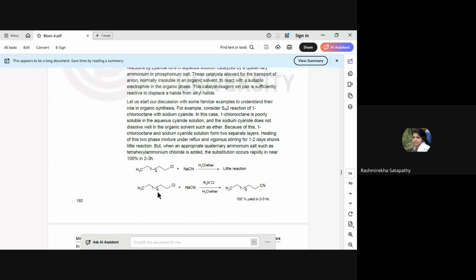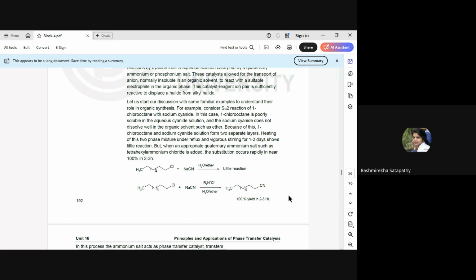You can see here, this is the compound. When it is treated with NaCN in water and ether, little reaction happens. This compound, when treated with sodium cyanide in the presence of a tetraalkyl ammonium salt, ammonium chloride, gives 100% yield.